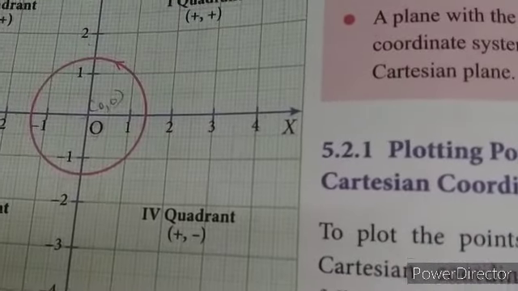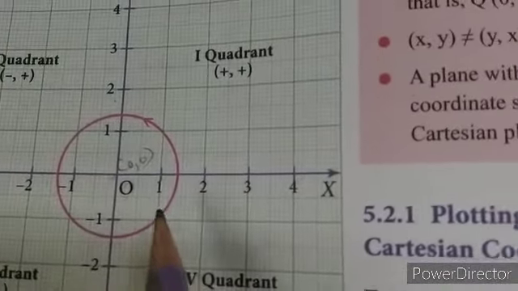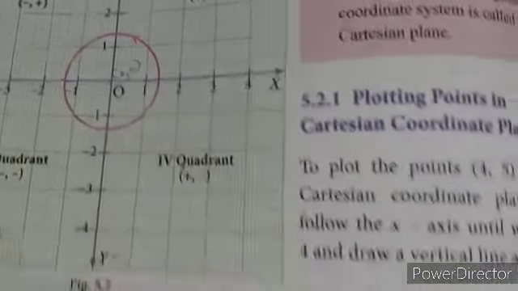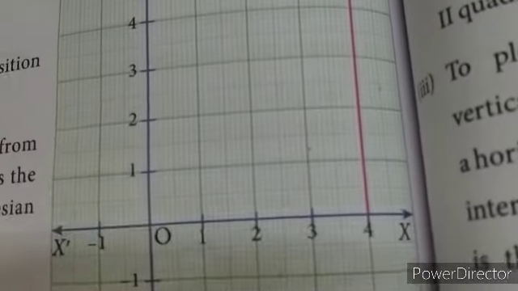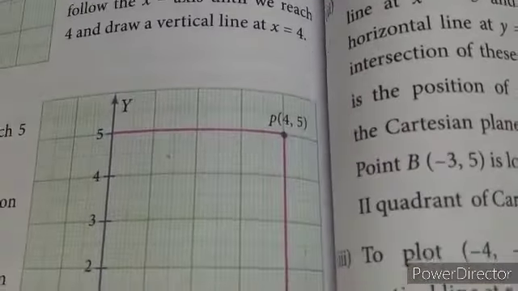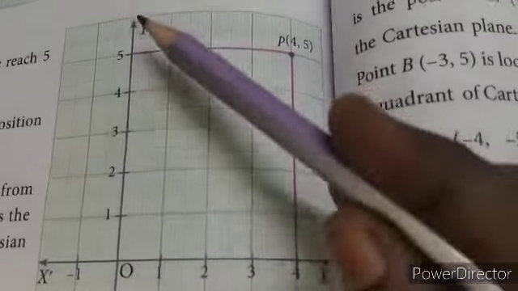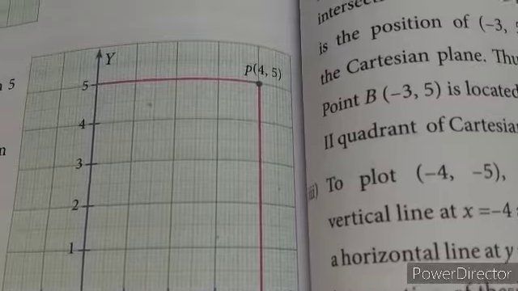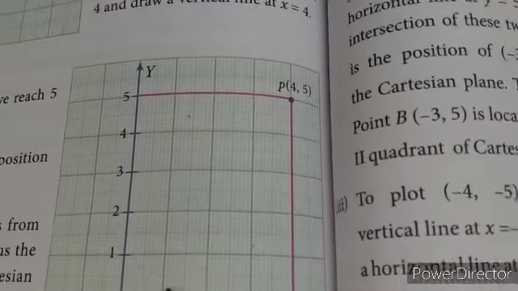Okay, I'll give an example of how to plot a point. For example, I have given here 4, 5. The first step, you should draw the x-axis and the y-axis and mark your origin and the positive and negative numbers.